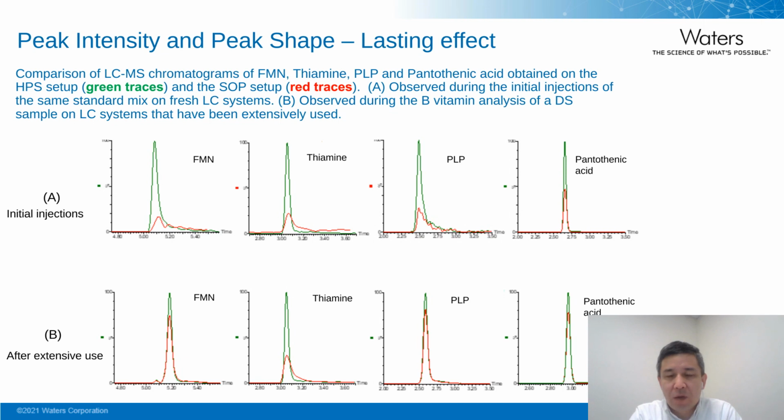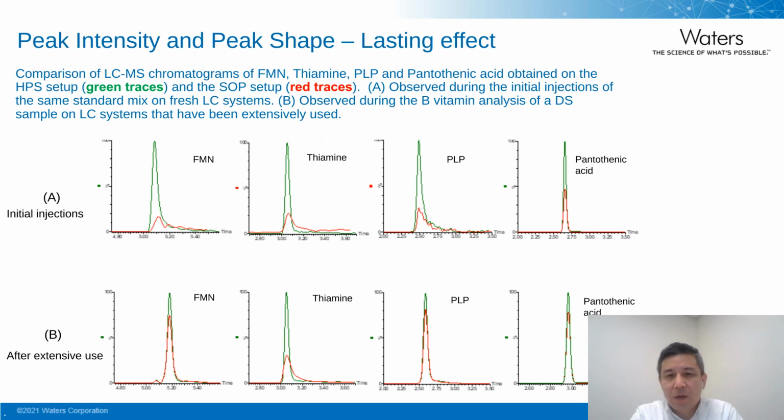The green trace representing the data from the HPS setup, and the red trace representing the data from the SOP setup. And as you can see here, a huge difference between the green trace and the red trace indicates that a significantly higher peak areas or peak intensities obtained with HPS setup during the initial injections period.